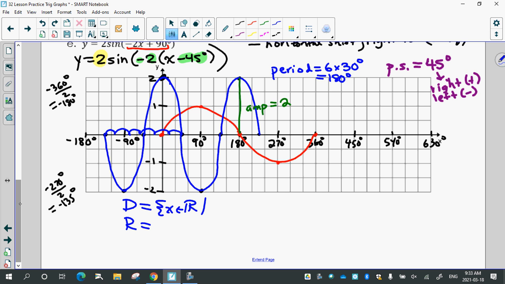Halfway between negative 90 and negative 180, or a square and a half back from negative 90, is negative 135. And then we end up at halfway between 180 and 270, which is 225. And then for our range, lowest is negative 2. Highest is 2.